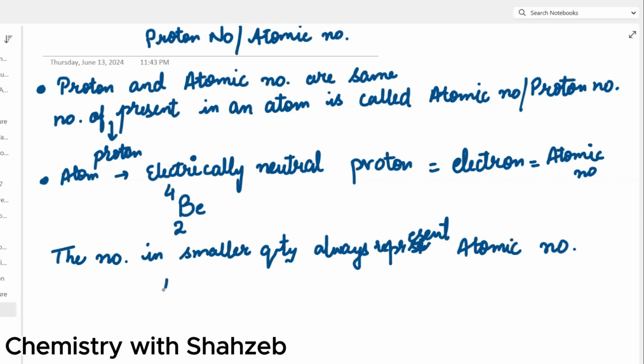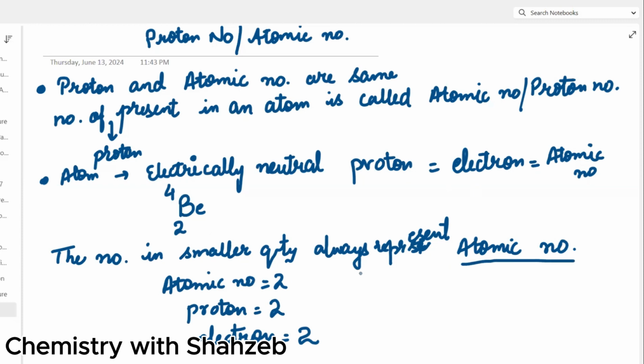So here we know that the atomic number is 2. So in fact, the number of protons is also 2. And we know that for a neutral atom, the number of electrons is also equal to the number of protons. So here electrons will also be 2. So we have learned that the number in smaller quantity is always the atomic number, which is equal to the number of protons and also equal to the number of electrons.